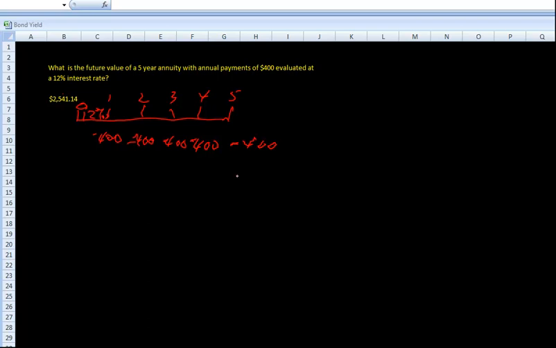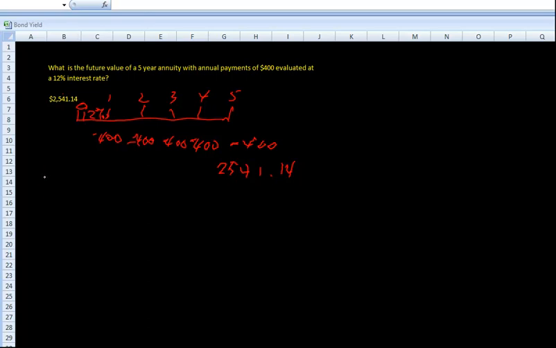Okay, so that's it. And as you saw, we calculated what these 5 payments are worth at the end of year 5, which came out to $2,541.14. Okay, so I want you to understand more than just the Excel formula.